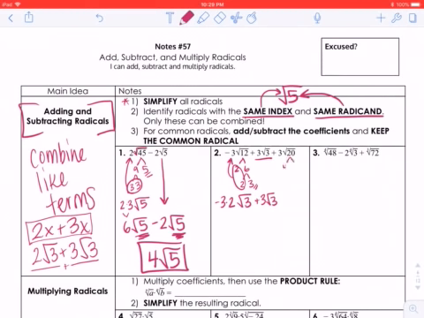And then 20 would be 4 and 5, which is 2 and 2. And this 2 is going to meet up with that 3, and I get 3 times 2, square root 5. So I'm going to simplify this: negative 6 square root 3, plus 3 square root 3, plus 6 square root 5.